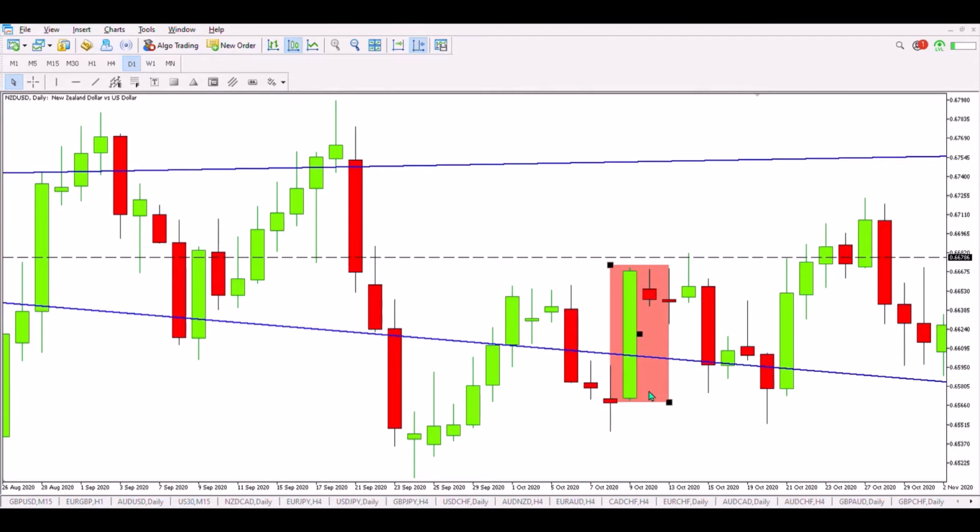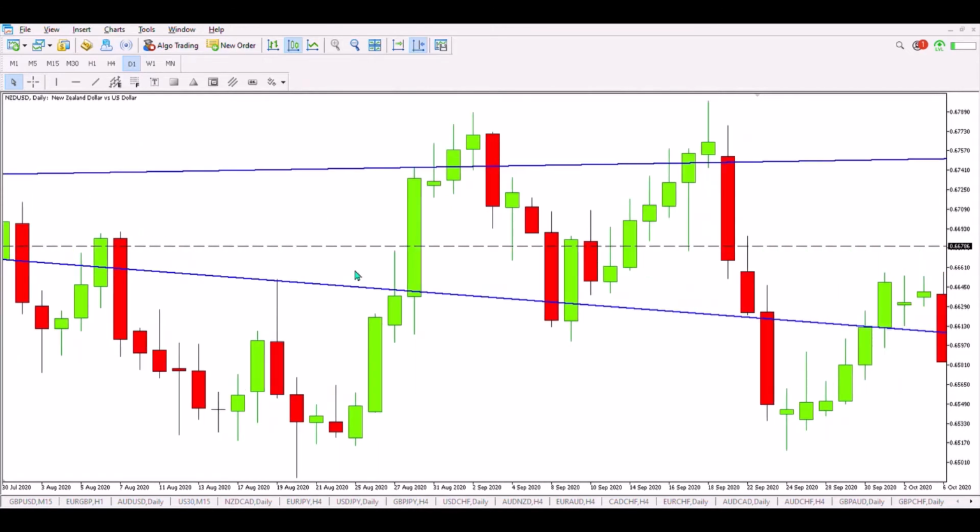Here is the low of the candle, and you see that 1, 2, 3, 4 candles already have a lower low than this particular candle. So this is not a big shadow trade.